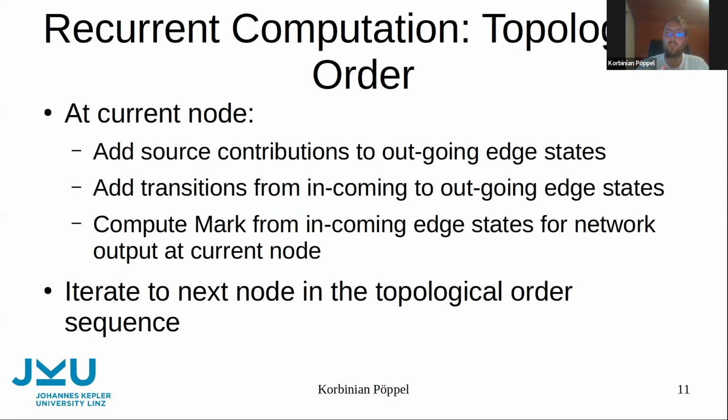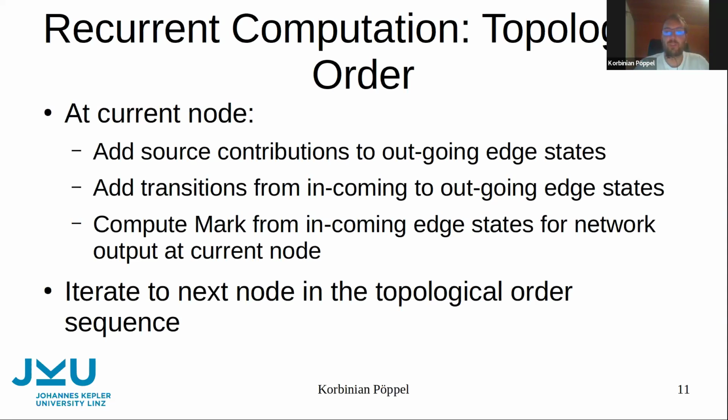So we are guaranteed that there is an enumeration of the nodes. We go over this enumeration of nodes, and at the current node, add source contributions to outgoing edge states, add transitions from incoming to outgoing edge states, and then compute the mark from the incoming edge states to the output at the current node. Then we iterate over the sequence of nodes in the topological order, and we can compute the output.